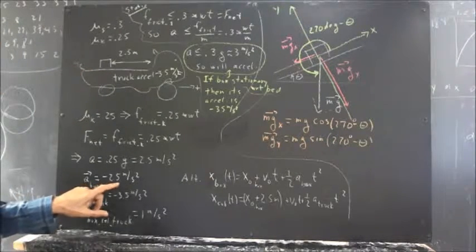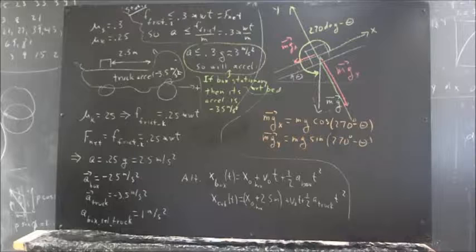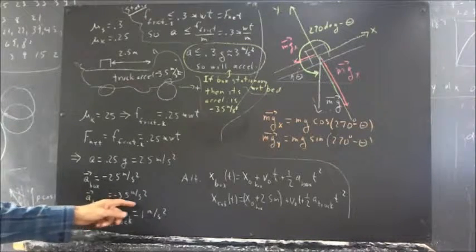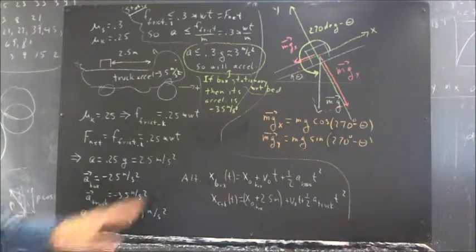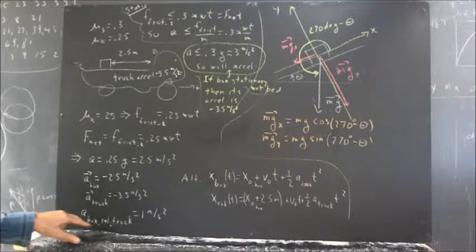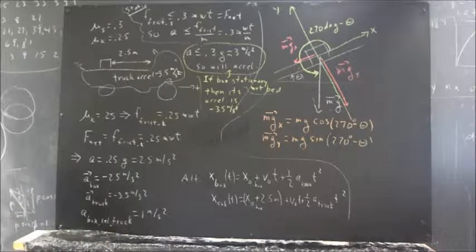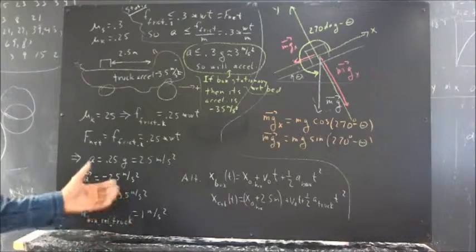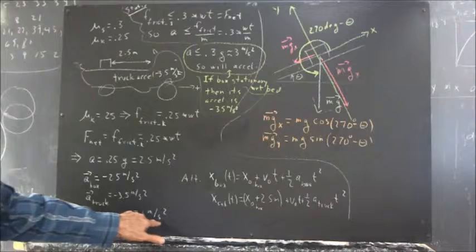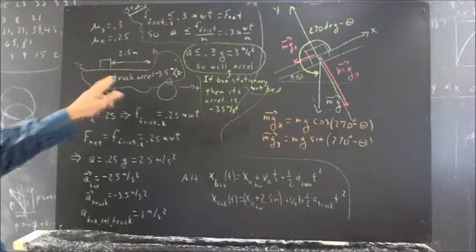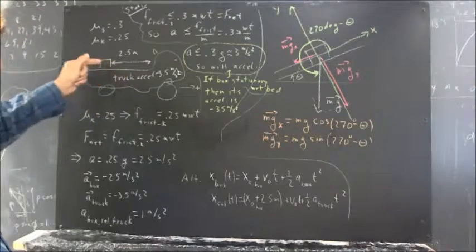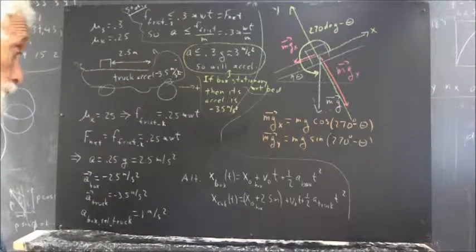The acceleration then would be negative 2.5 meters per second squared. The acceleration of the truck is negative 3.5 meters per second squared. It follows, and we'll see why in a minute, that the acceleration of the box relative to the truck is just the difference here, the 1 meter per second squared. So the box, if observed from the frame of the truck, is going to accelerate forward at 1 meter per second squared.